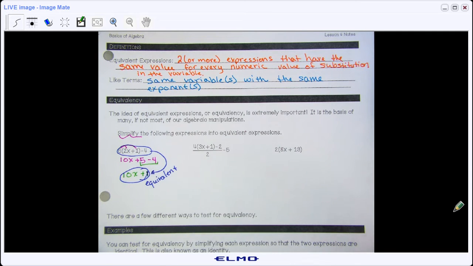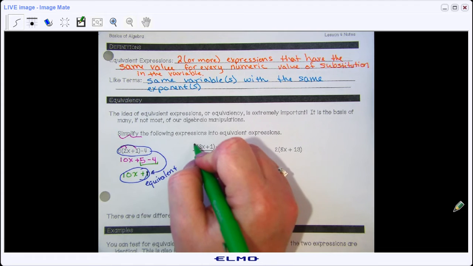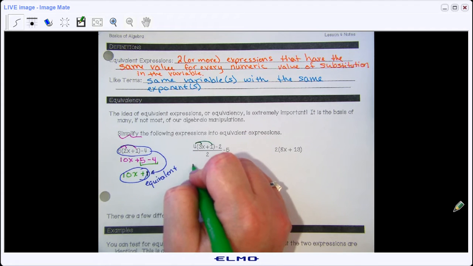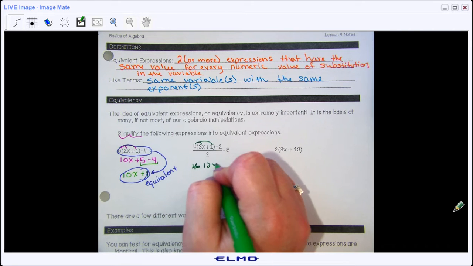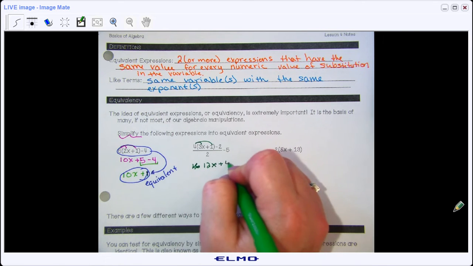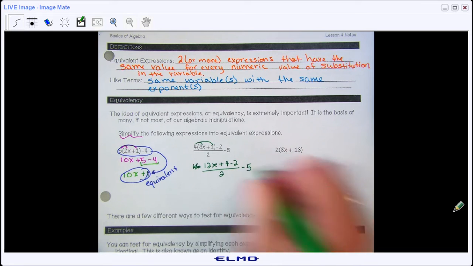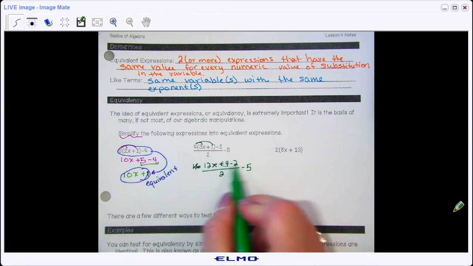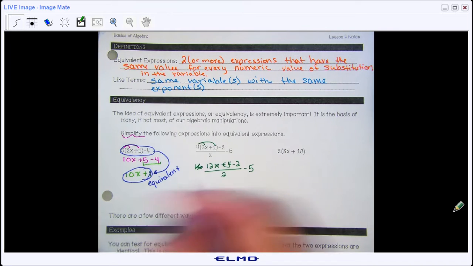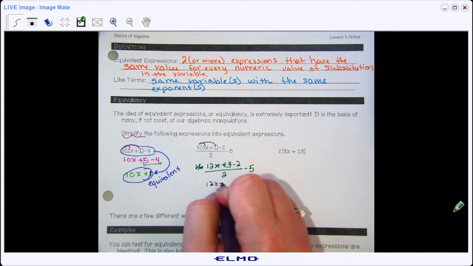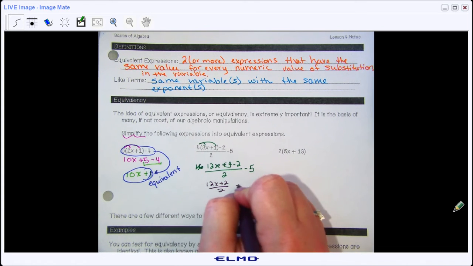All right, so like this next one, same thing. So I'm going to distribute this 4 up here. So 4 times 3x is 12x. 4 times 1 is 4 minus my 2 over 2 minus 5. So now I'll subtract my 4 and my 2 right there. So 12x plus 2 divided by 2 minus 5.